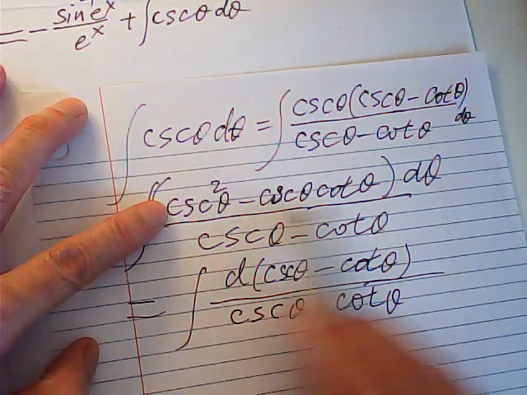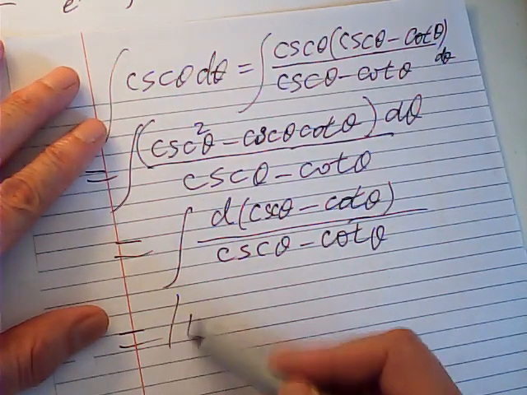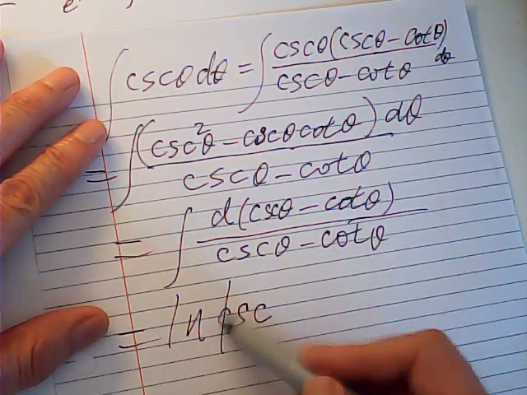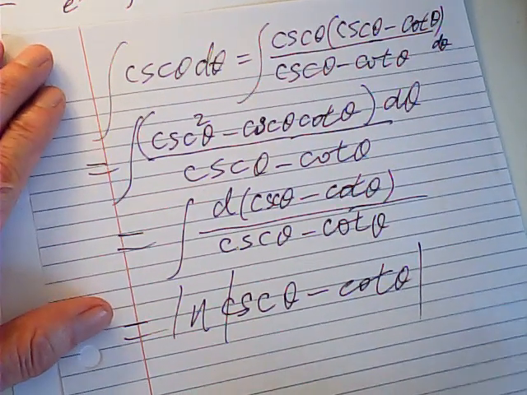This derivative is negative this. But overall, this one becomes a log of cosecant theta minus cotangent theta. See?